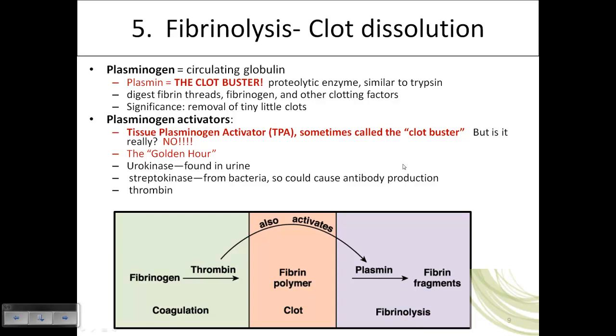Basically, we say that there is a golden hour. That is roughly the amount of time that the physician, surgeon has to get the tissue plasminogen as close to the clot as possible. They actually might insert a very small little tube through someone's veins to get to a heart artery or pulmonary artery.